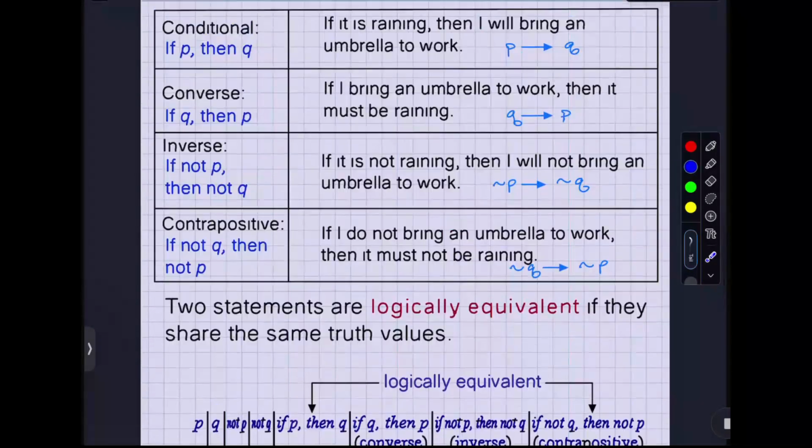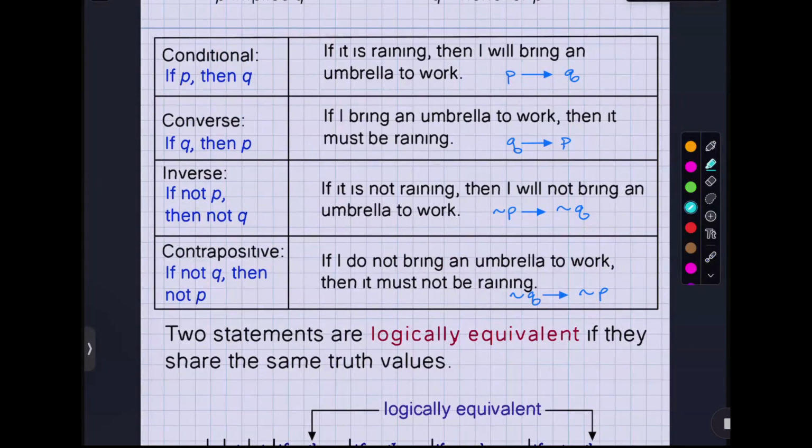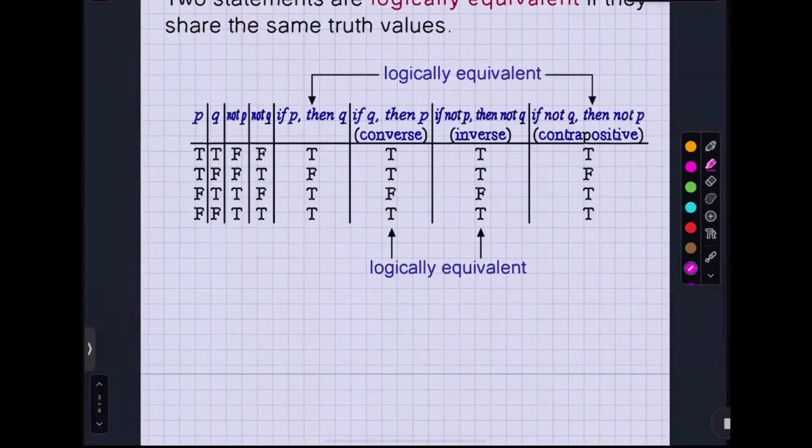Meaning that the conditional and a contrapositive are logically equivalent to each other. While the converse and the inverse are also logically equivalent to each other. And all this table is doing is showing that.